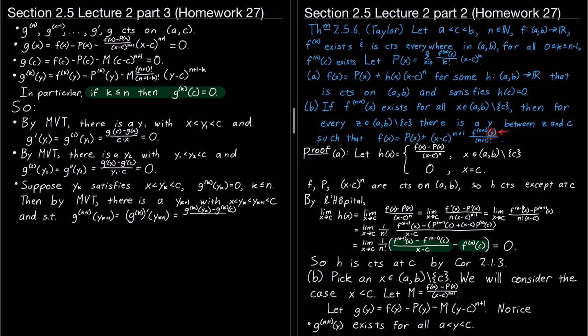Then because g^(k) of c is 0, because k is less than or equal to n, we get 0.